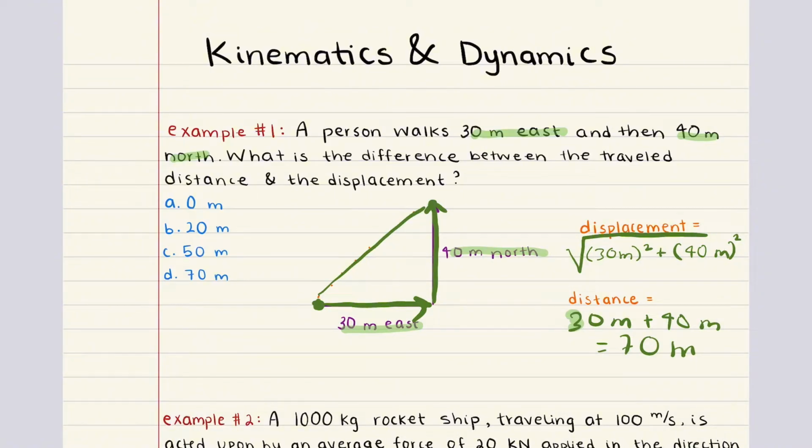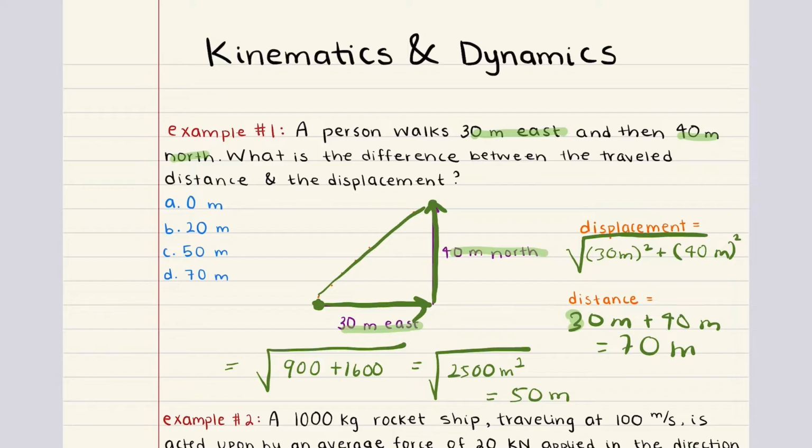If we carry this out, it's going to be equal to the square root of 900 plus 1600, and that's going to give us the square root of 2500, which is just going to equal 50 meters. So our displacement is equal to 50 meters, and this is 50 meters in a direction northeast from the starting point.